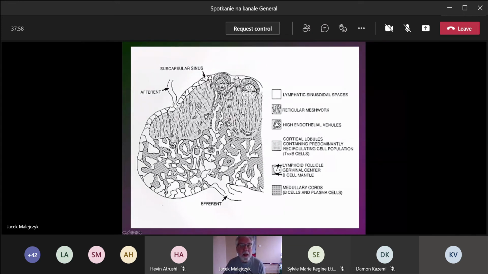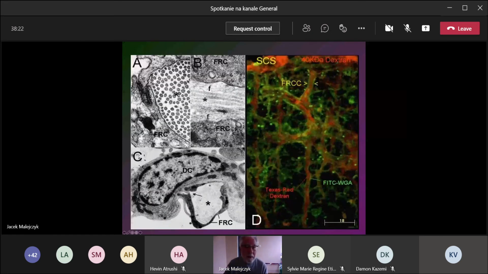They start at the subcapsular sinus, this place where the lymphatic fluid is getting in. So this prompted us to think that probably this arrangement is not really random, and indeed further studies showed that these cells form a very specific arrangement.